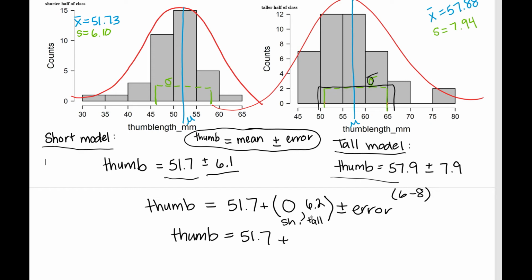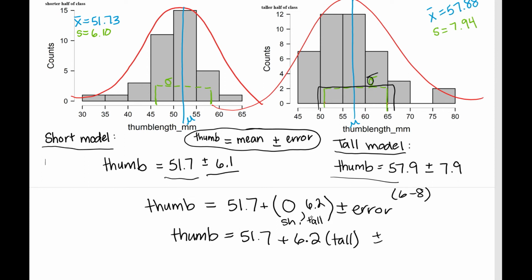But if they're tall, I'll just put in a 1 here, times 6.2. Oh wait, I'm rounding a little too much. 6.2, here we go, times 1 if they're tall. If they're not tall, put a 0, and this whole thing goes to 0. So this will help me adjust, and I can consolidate it all into one model.